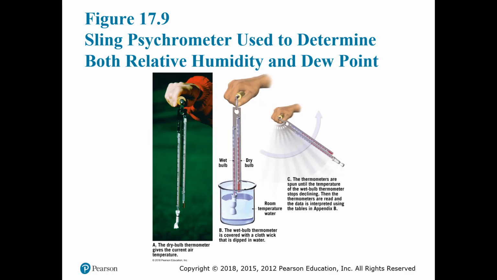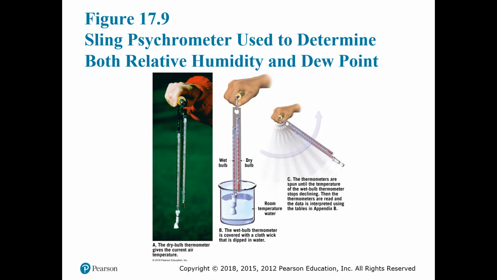The larger the difference between the wet bulb and the dry bulb, the lower the relative humidity. So if you have 90 degrees outside on your dry bulb thermometer, and on your wet bulb thermometer you have 20 degrees, then that would mean that your relative humidity is fairly low.